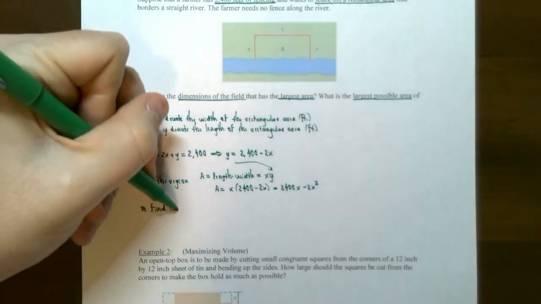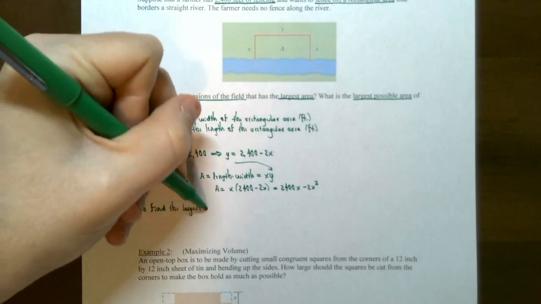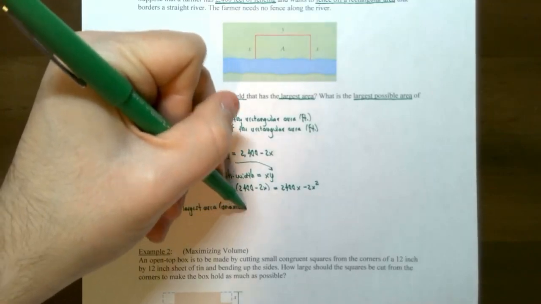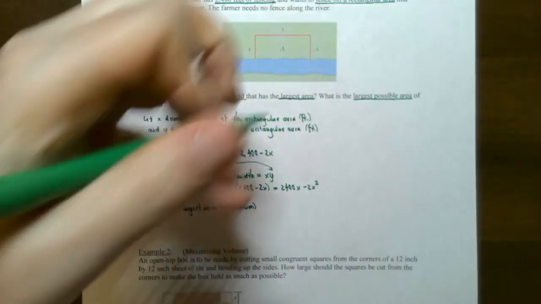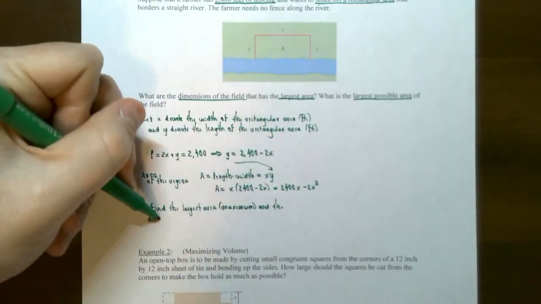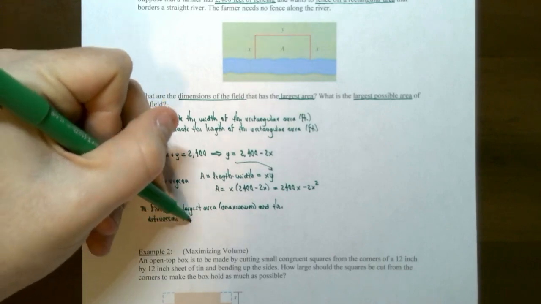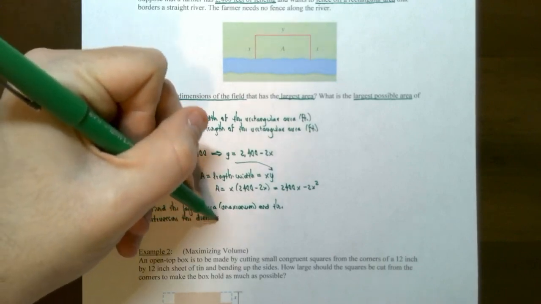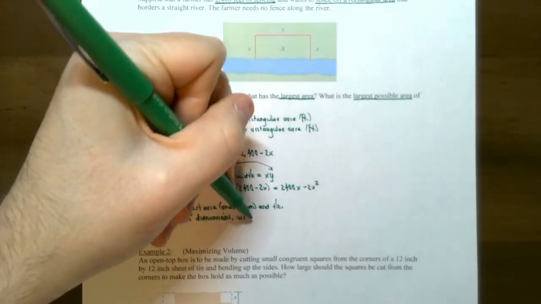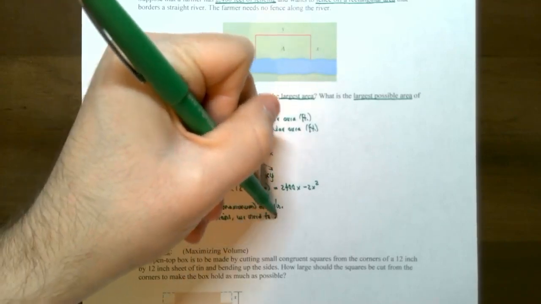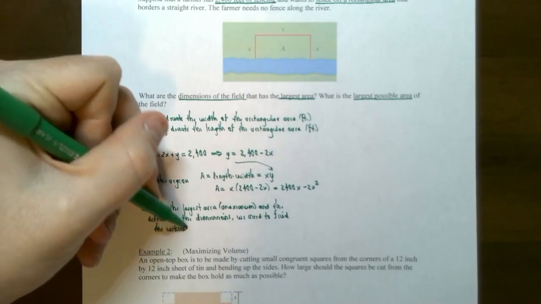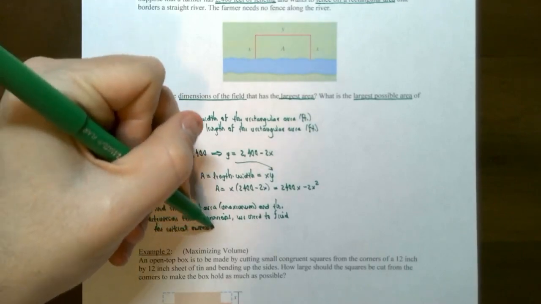So to find the largest area, which is referring to a maximum area, and determine the dimensions, we need to find the critical numbers of A of x.